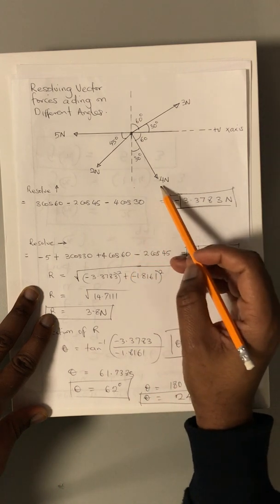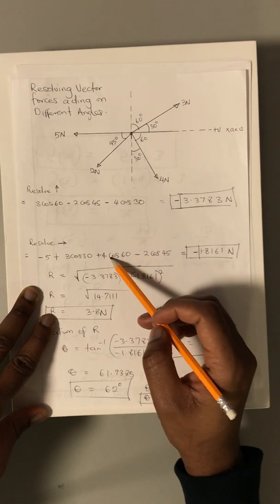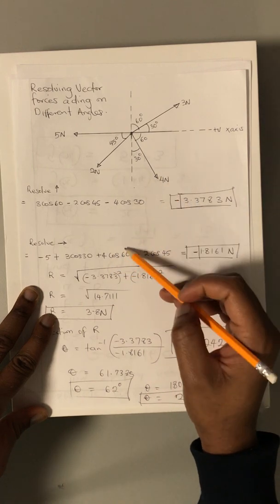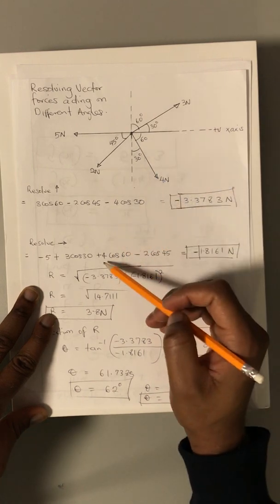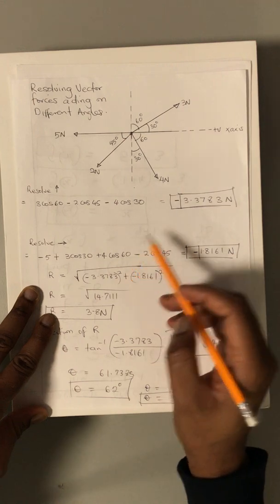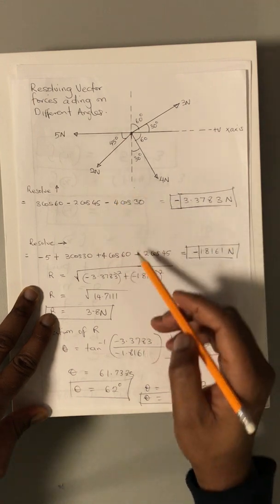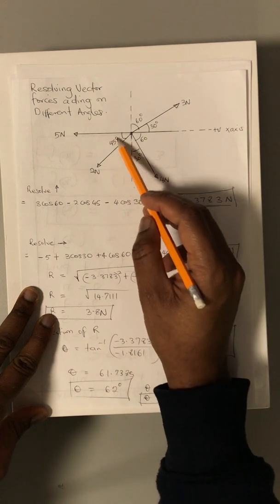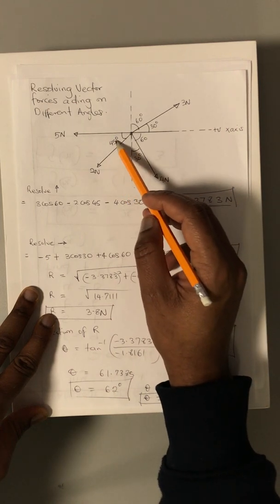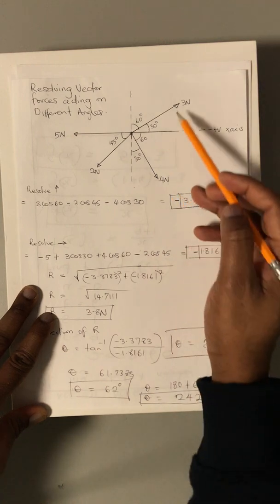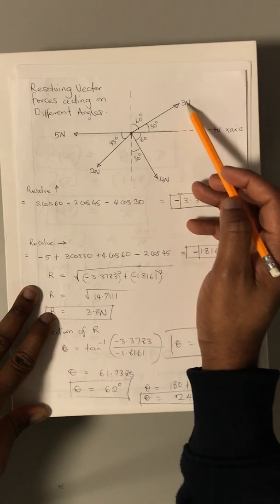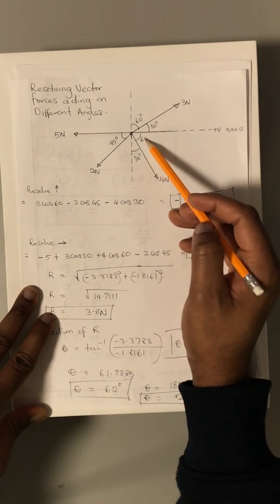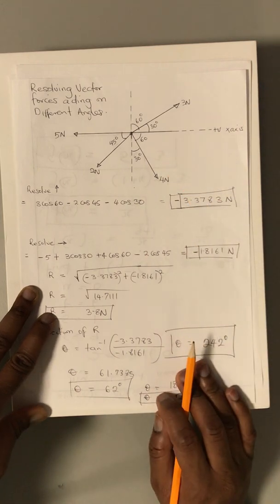Also, by resolving our 4 Newton, we have 4 cos 60. Then by resolving our 2 Newton here, we have minus 2 cos 45 because the angle in reference to it is 45. Likewise, 30 degrees here for 3 Newton, and 60 degrees for 4 Newton.